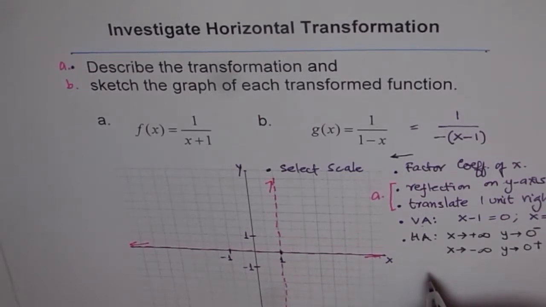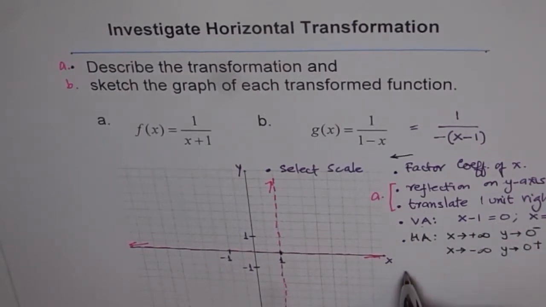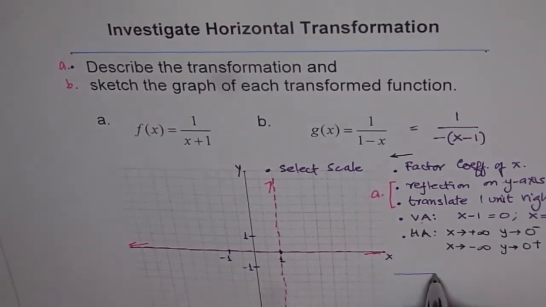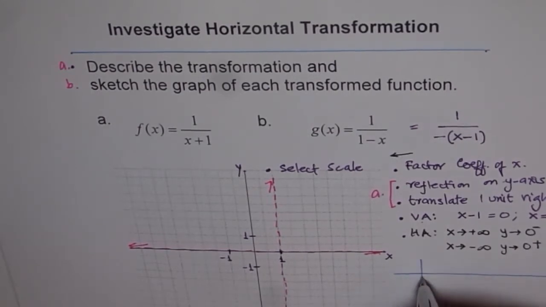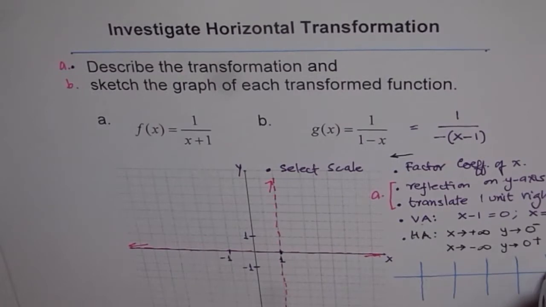We just need a couple more points to go. I'll recommend at least 3 points. So the first point is, where is the vertical asymptote? Vertical asymptote is at 1. So it is a good idea to make a table like this, in a horizontal way, so that we can write down these points here and then calculate and plug them in.